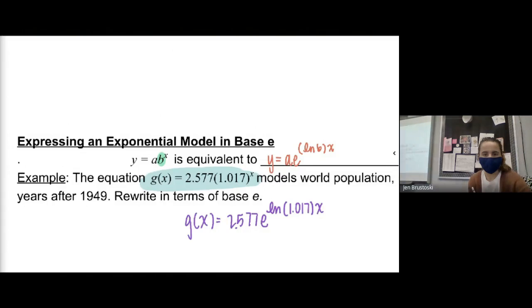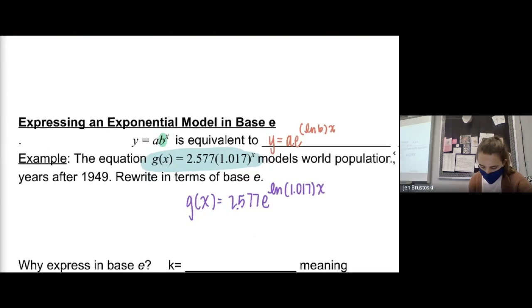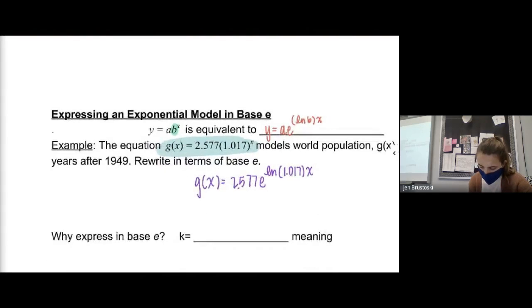And that shows us that we have a K of, sorry, 0.017.